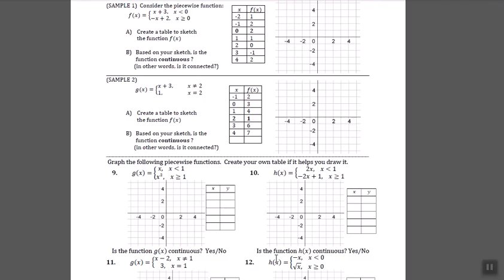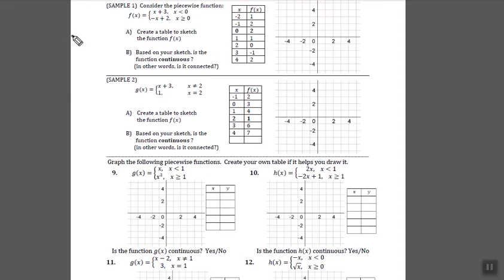Alright, now let's look at a couple more examples, this time where we're going to graph a function. So for this sample 1, we've got a function defined as x plus 3 when x is less than 0, and we've got f of x equals negative x plus 2 when x is greater than or equal to 0. So again, 0 is your domain.